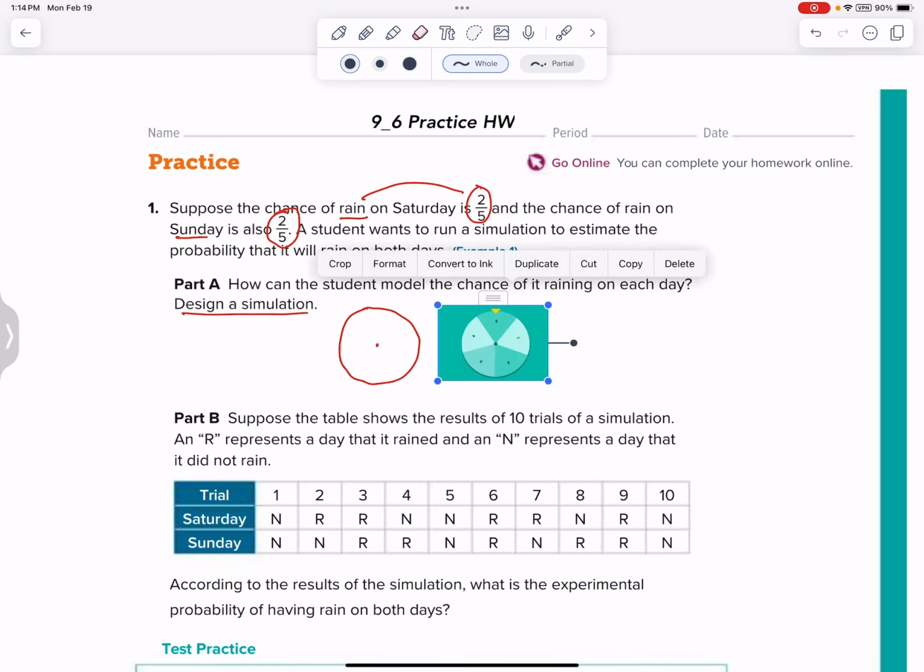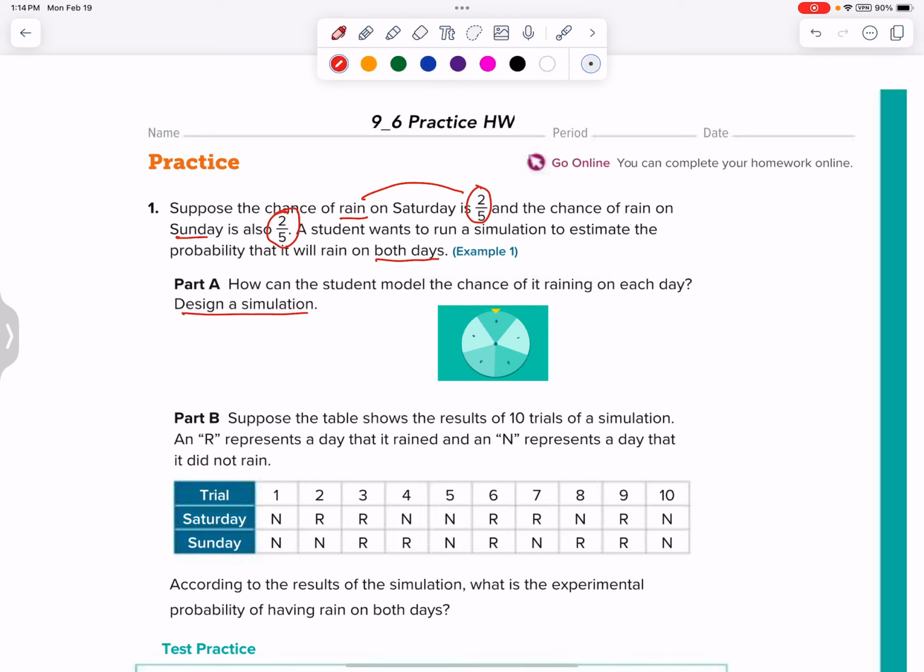Technically, I guess you wouldn't have to have a picture. It asks you how, so we can say use a 5 equal sized section spinner.